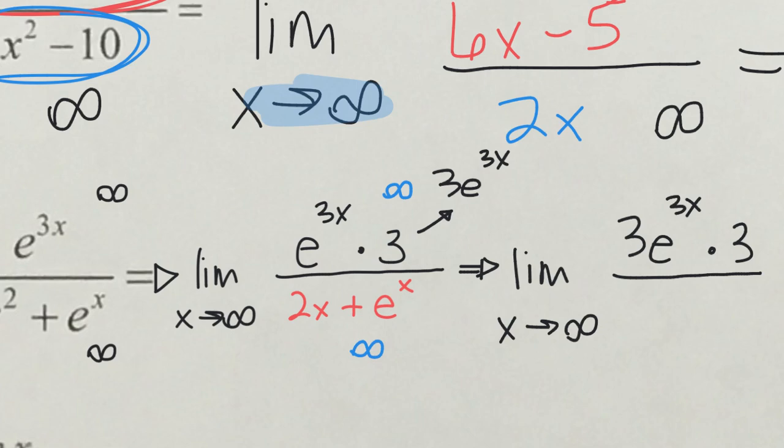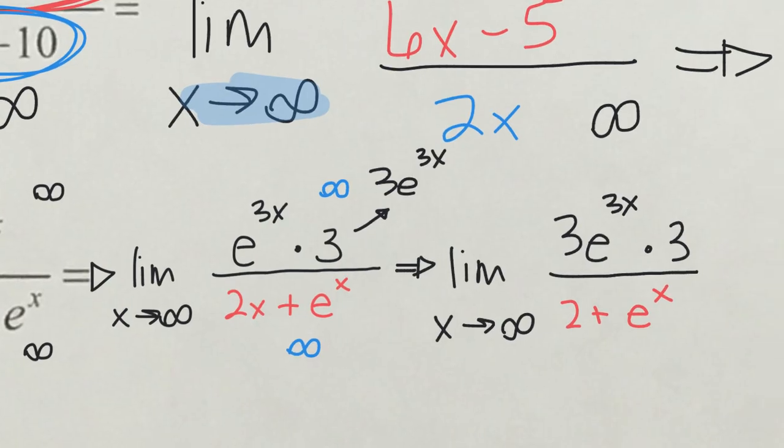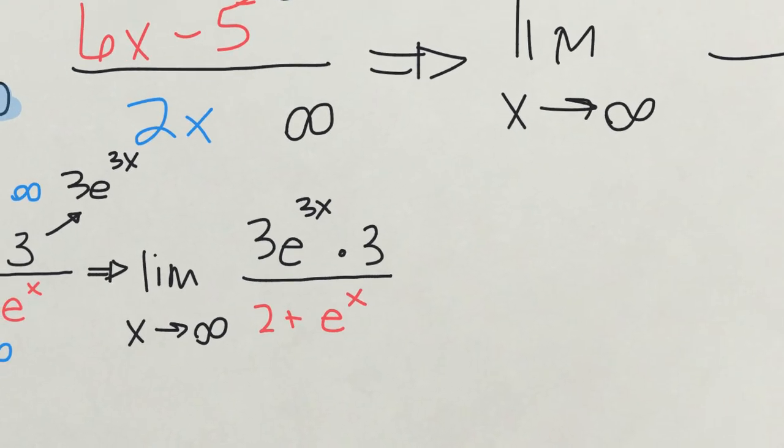So we don't mess with our initial e to the power, and you multiply it by the derivative of your power. But on the bottom we get 2 plus e to the x. Okay, what happens when we plug in infinity? We get infinity over infinity still.